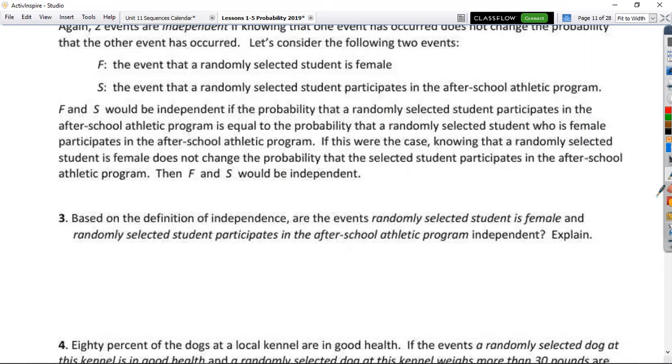I apologize. Based on your definition of independence, this means the same thing as if a question tells you to do a test for independence. And what we're going to be looking for is that our probability of A has to be equal to our probability of A given D.